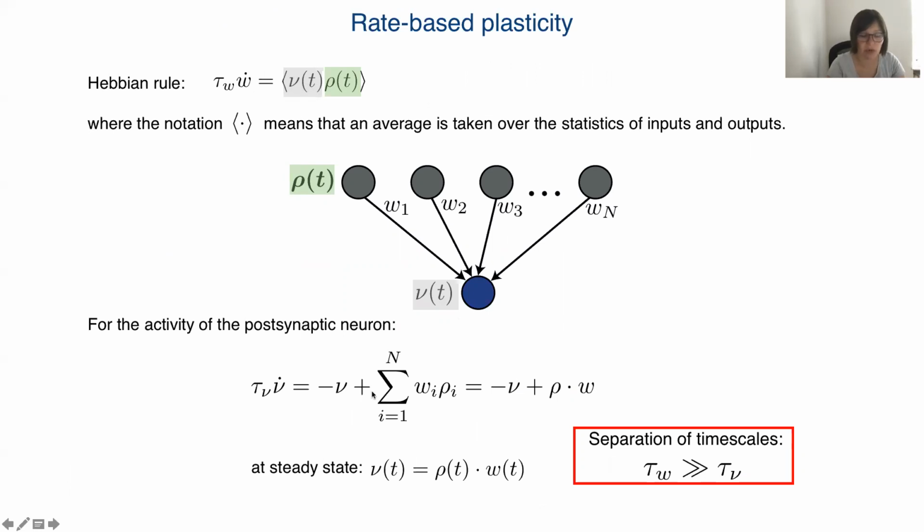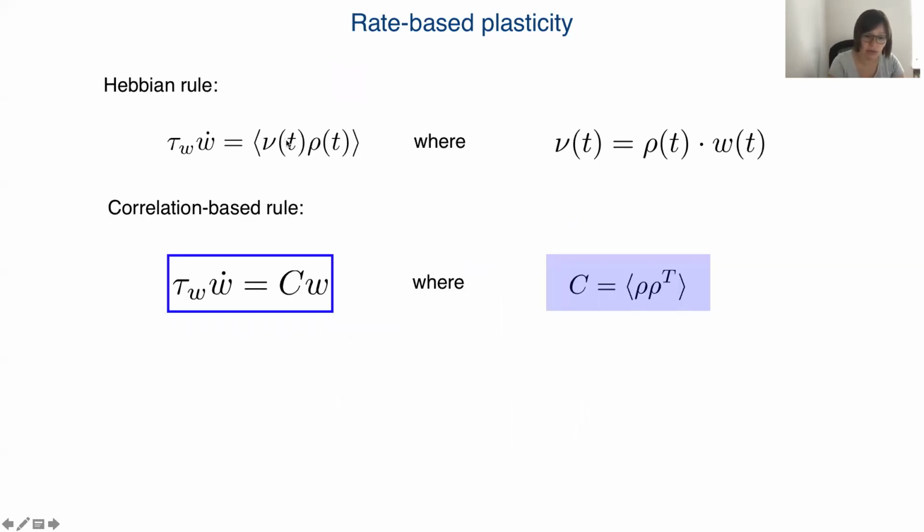In this case, we took a so-called linear model neuron where we had the leak term, and then we were driving the postsynaptic activity by the product of the weights and the presynaptic activity, right? By doing this separation of time scales, we could write the postsynaptic activity in the steady state and then plug it into the weight equation.